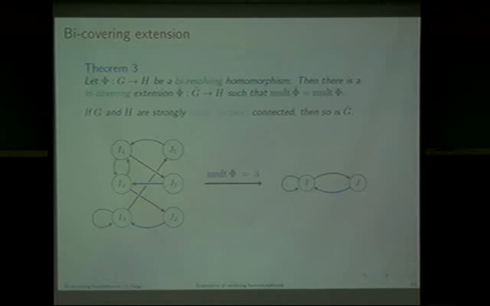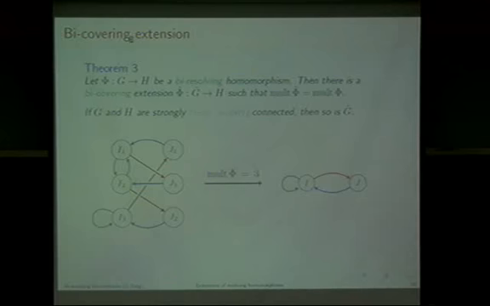To investigate certain properties in dynamical systems, the strongly connected graph is very useful. So even though G is not strongly connected, we want to find the condition when G tilde can be found with the condition strongly connected or weakly connected.